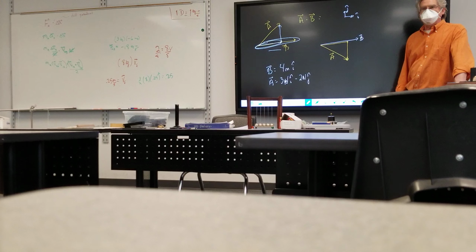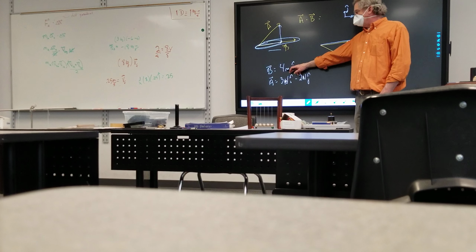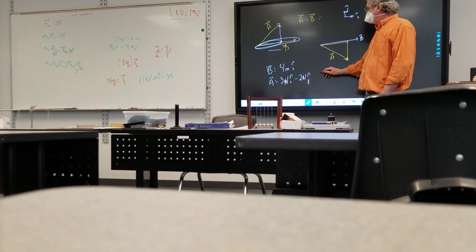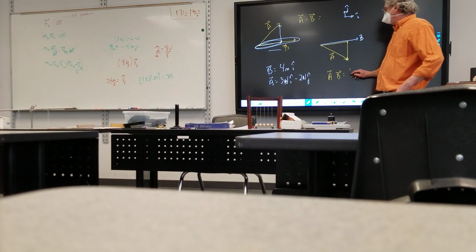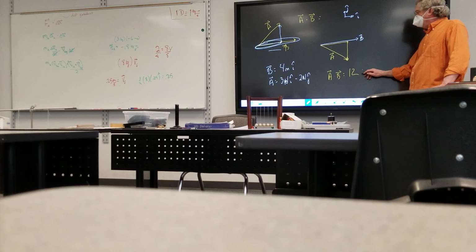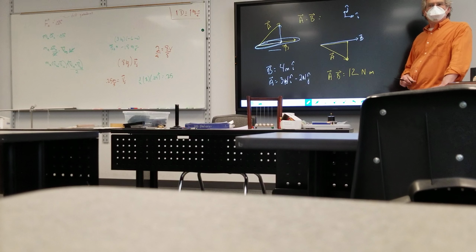I just multiply the parts that are parallel to each other. So not going to worry about J, I'm just going to multiply the 4 times the 3. So A dot B is equal to just 12 newton meters. One thing to notice is that the answer is not a vector.